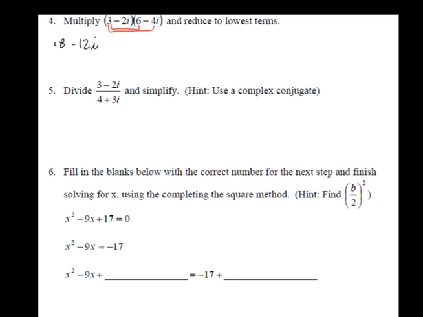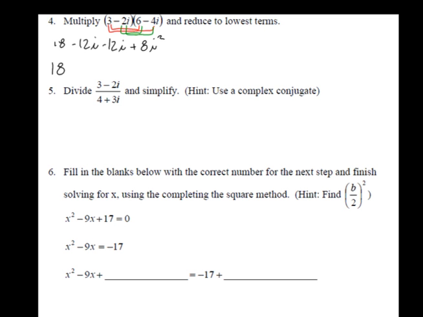Next, I'm going to multiply my -2i times my 6. That gives me -12i. Next, multiply my -2i times my -4i, which gives me a positive 8i squared. My 18 is just going to be sitting out front.